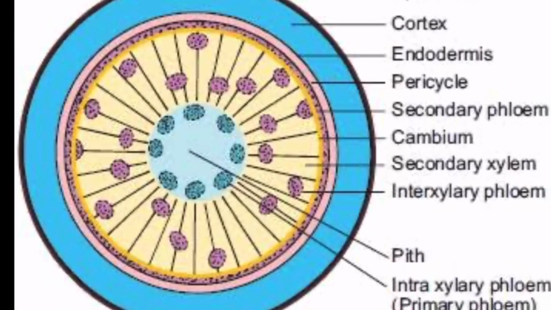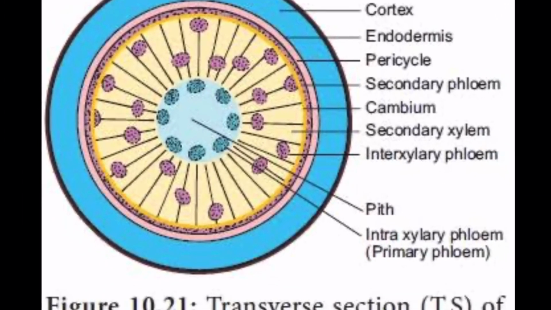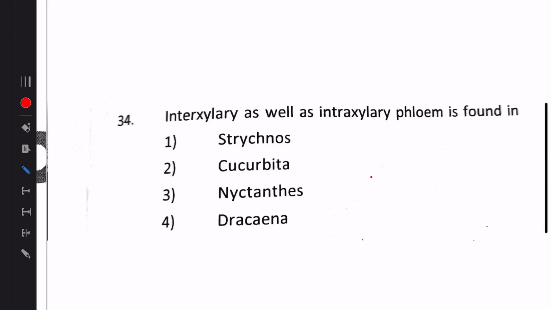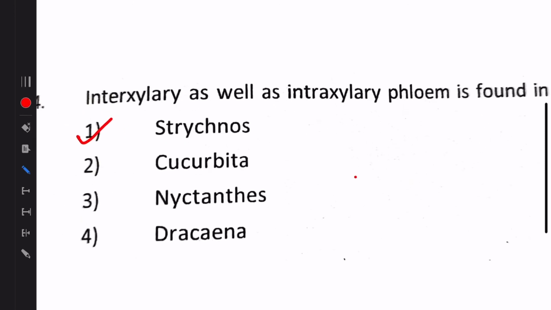So here is the picture of the transverse section of the Strychnos stem, and here in pink you can see the interxylary phloem, which is found in the peripheral region, and in the center region we can see the intraxylary phloem, which is the primary phloem. So our answer is therefore Strychnos, not Cucurbita, Nyctanthus, and Dracaena.